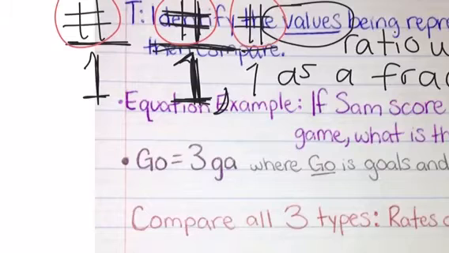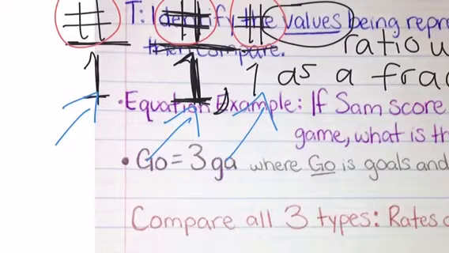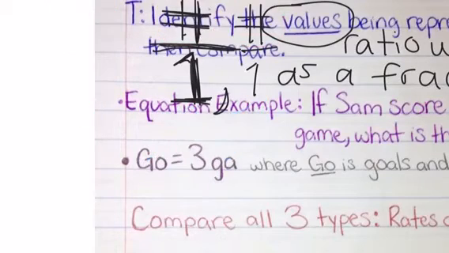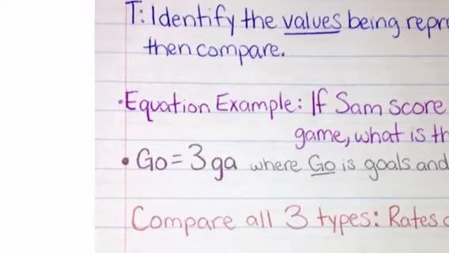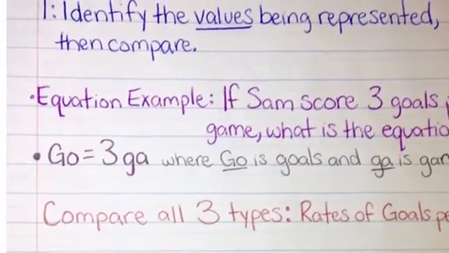So the point is to get this denominator to 1. And the way that we've communicated that is to just find the value. So that's our goal. Find the value of each rate and compare from there. Let's get rid of all this mess that I created. Okay, now we can take a look back at our notes.